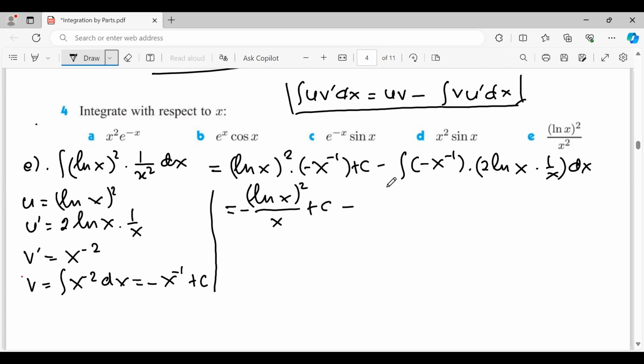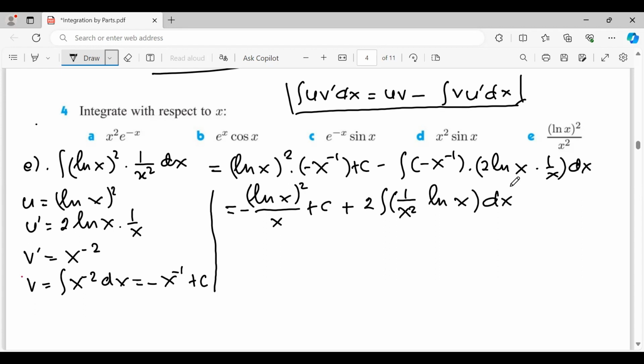minus, being plus, 2 times the integral of 1 over x squared times ln x dx.